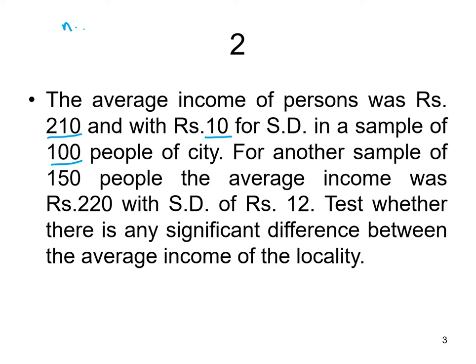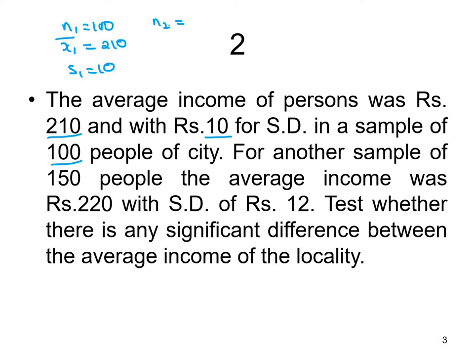So N1 is equal to 100 and the sample mean X1 bar is 210 and the standard deviation S1 is equal to 10 for the first sample. For the second sample, what is given?